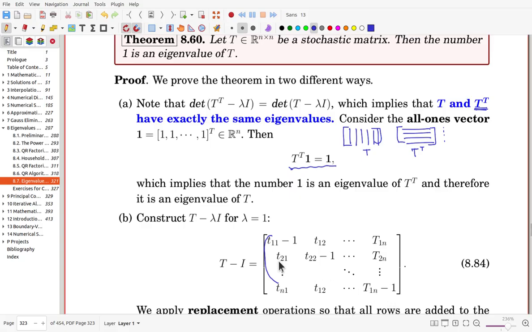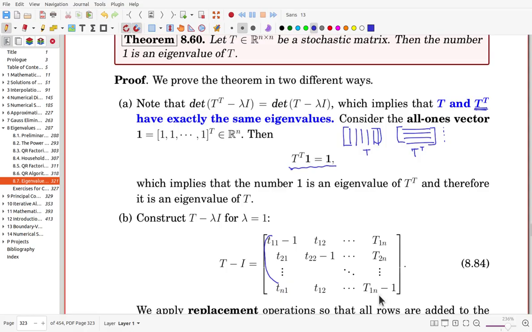But after finishing these replacement operations, okay, let's add them. Then we know this column is 1 and minus 1, so that it will become 0. The second column, again using the same logic, the bottom will become 0. So all the way, the bottom row will become 0.